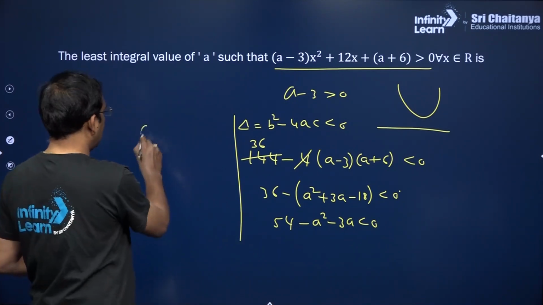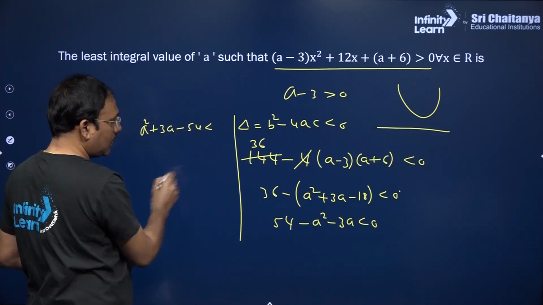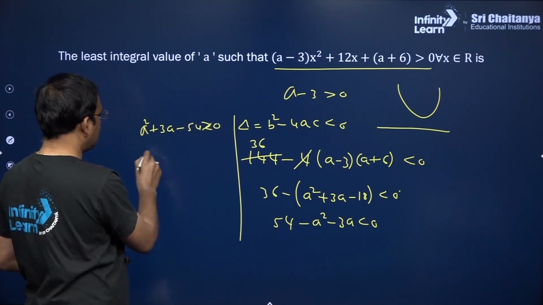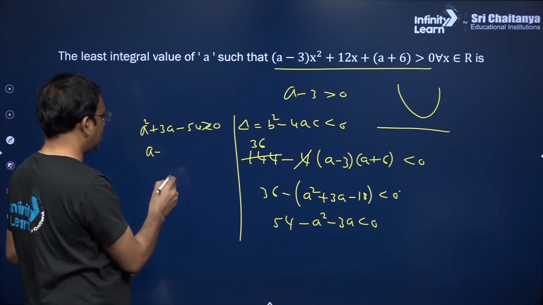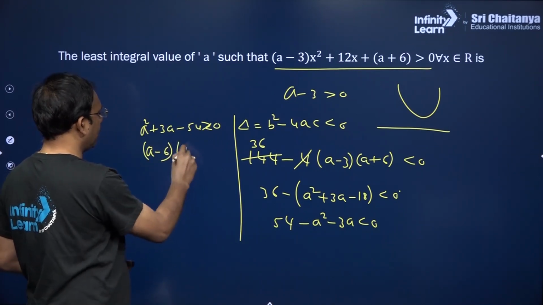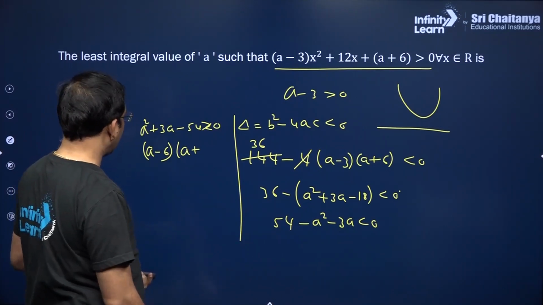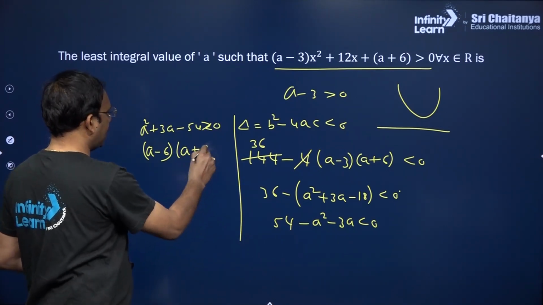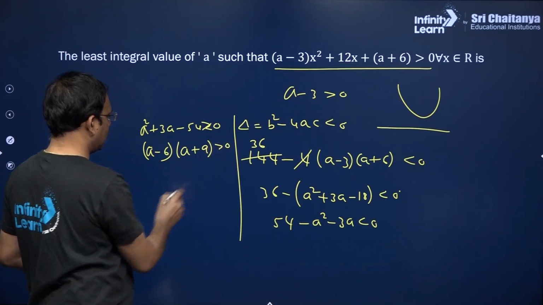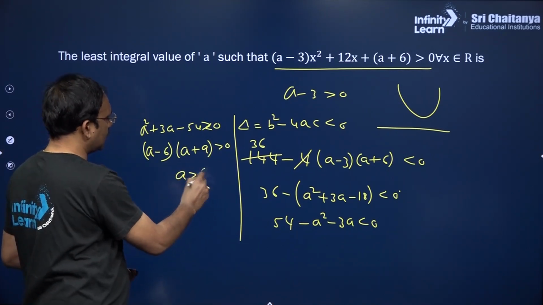So I can say a square plus 3a minus 54 is greater than 0, which I can say, friends, a minus 6 into a plus 9 is greater than 0. So a must be less than minus 9 or a is greater than 6.